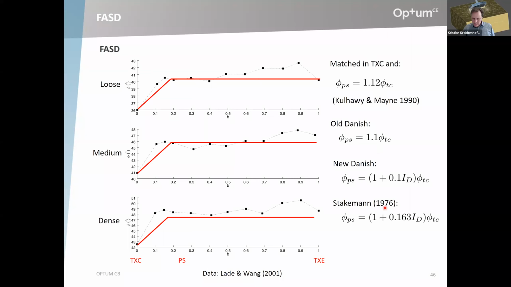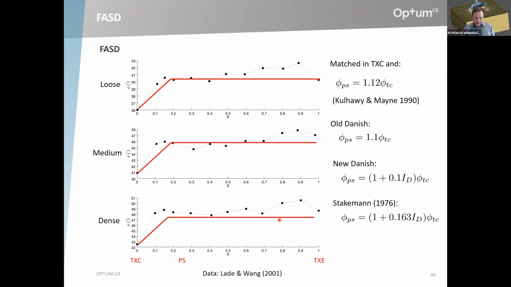But even though these four formulas are quite different, there seems to be quite good agreement that the plane strain angle is probably something like, say, 5 to 15% greater than the triaxial angle. These red lines here is the first one, the 1.12, and you can see it's not too bad. The medium sand here is maybe the one that provides the best fits.